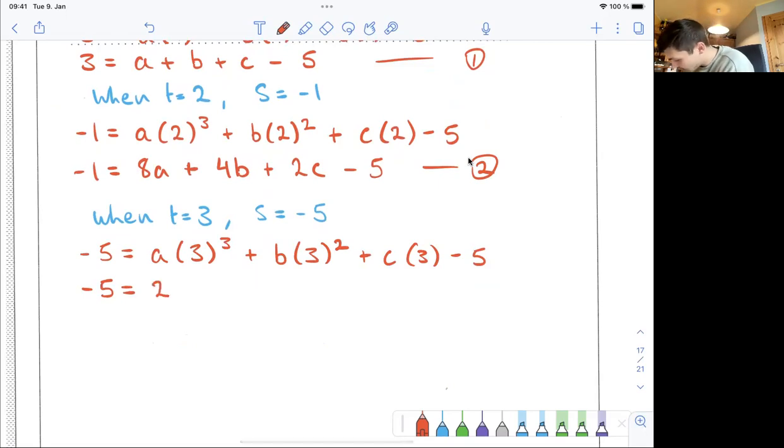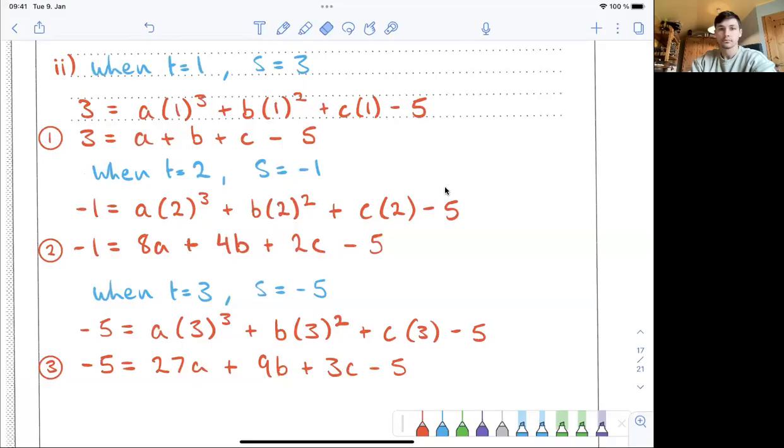So we'll get 27a. 3 squared is 9. So we're going to get 9b. Then plus 3c -5. And that is our third. Okay, so there is the answer to part B2.